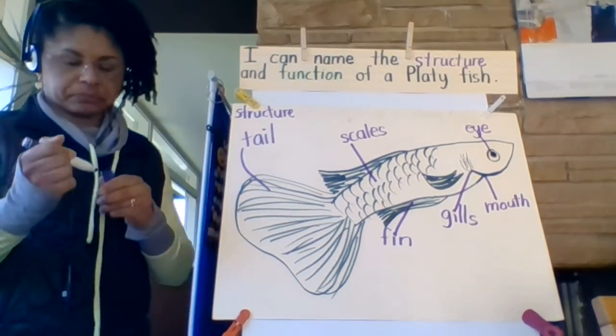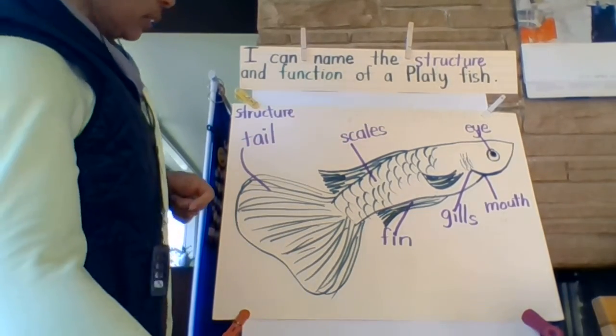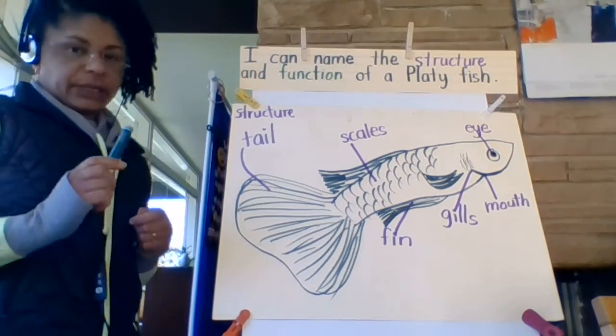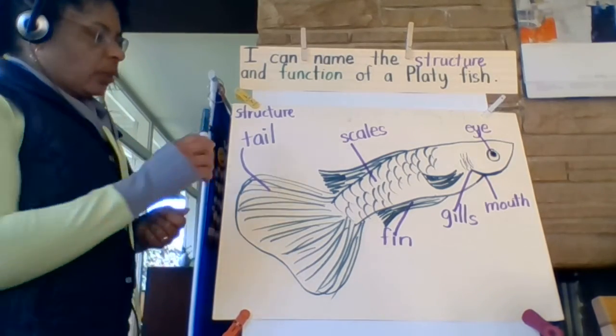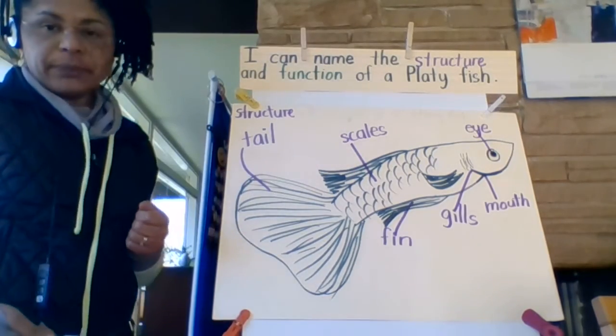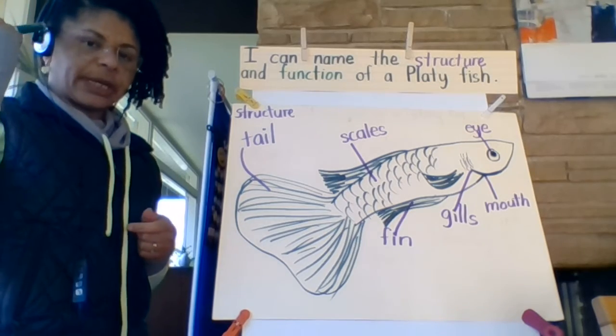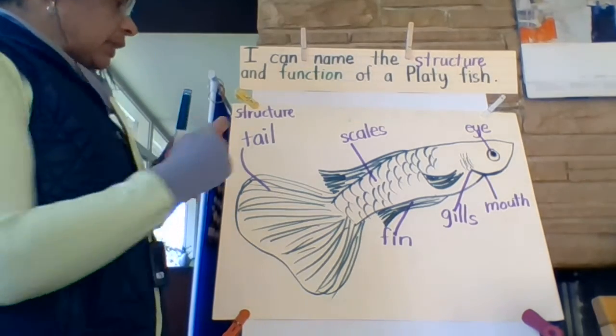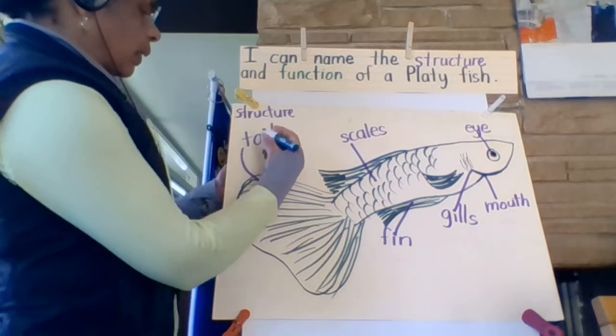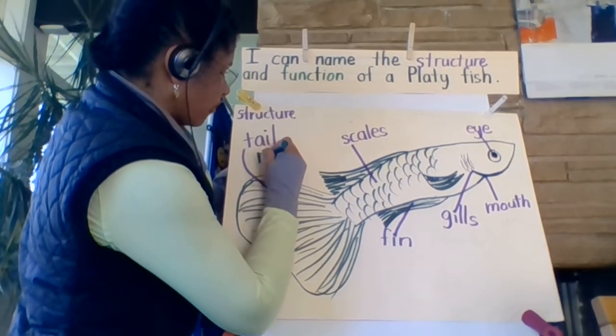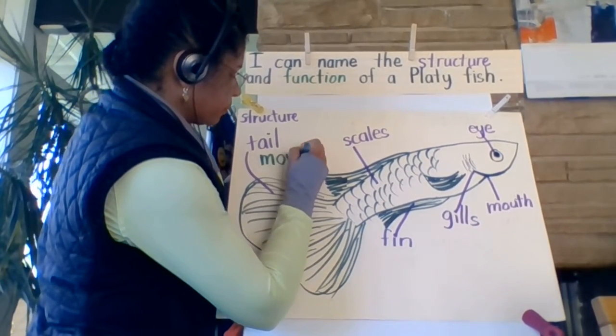Okay. Now I'm going to tell you once again what these structures are for so that we could learn it and remember it. The tail is what helps the fish move.